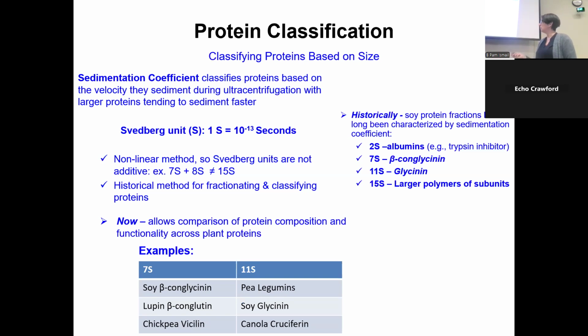For 7S, we also have lupin beta-conglutin, chickpea vicilin, or even pea vicilin, and other types of 7S-like proteins. For 11S, you have pea legumin, soy glycinin, canola cruciferin, and hemp edestin. So we have 11S from different sources.